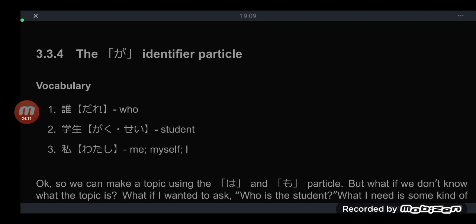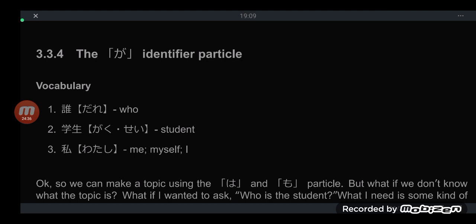But the ga is an identifier particle because it identifies the doer of the action. It identifies who is the receiver of the action. It identifies who the person is, what the subject is, or what the thing is that an intransitive verb works for.